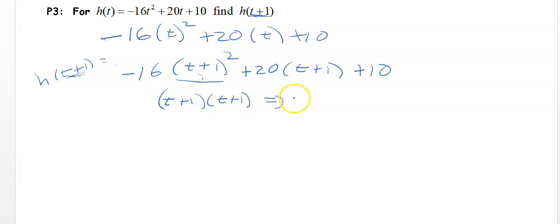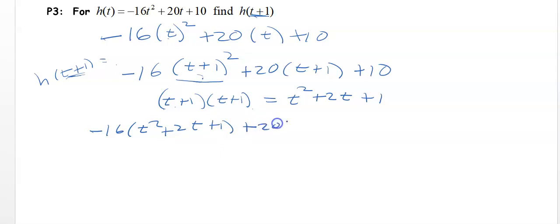And I'm just going to do that off to the side here. I get t squared from the firsts. The outers are 1t, the inners are 1t, so I get plus 2t plus 1. So I get negative 16 times t squared plus 2t plus 1 plus 20 times t plus 1 plus 10.